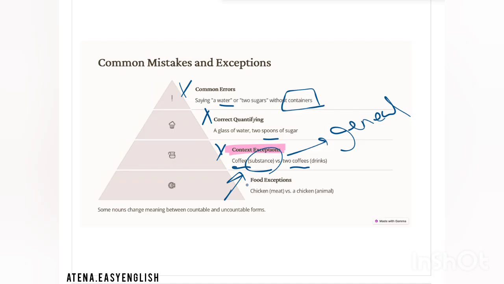But when you mean coffees as drinks, for example, 2 cups of coffees, here it's countable and you can add s. So, for some nouns in English, it's really important to know when you are using them and in what context. If in that context it's a substance, of course it's uncountable as general. But when it's about drinks, something that you can count, you can add s.